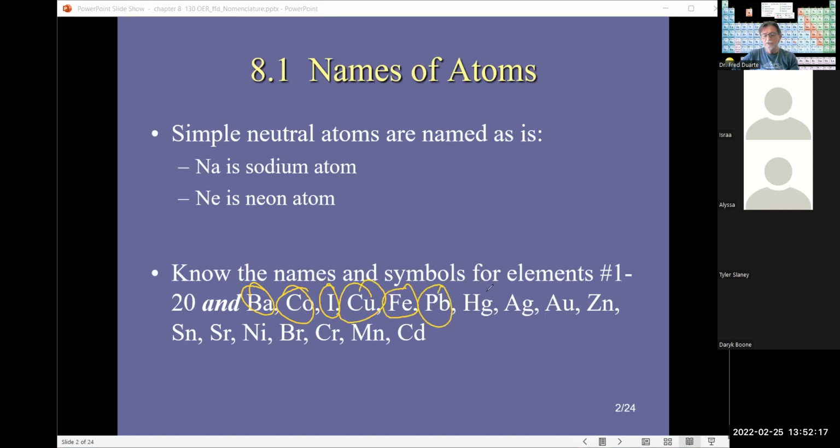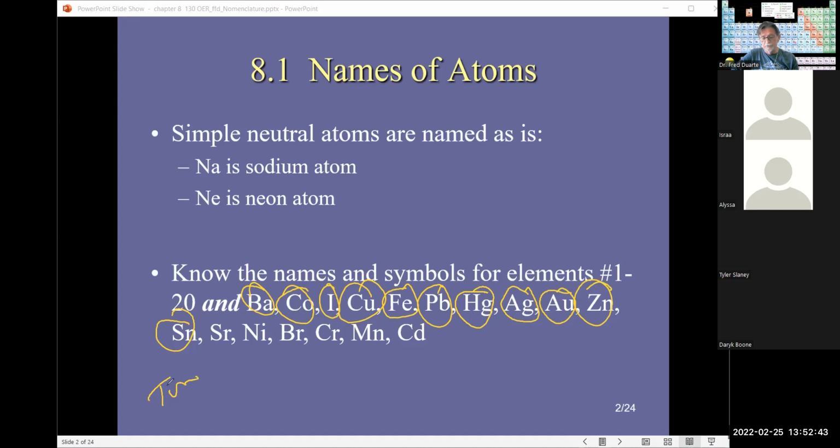We have Hg, which is mercury, which is sometimes confused with Ag, which is silver, which is also confused with Au, which is gold. Okay, so we got mercury, silver, and gold. Then we got zinc, and then stannous. This can be one or two names, stannous or tin.